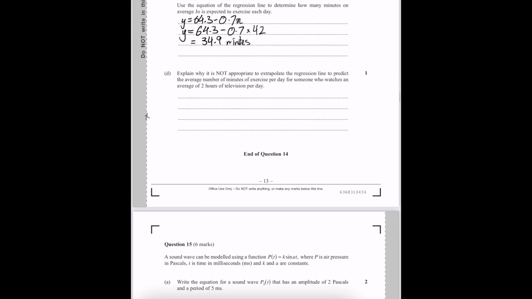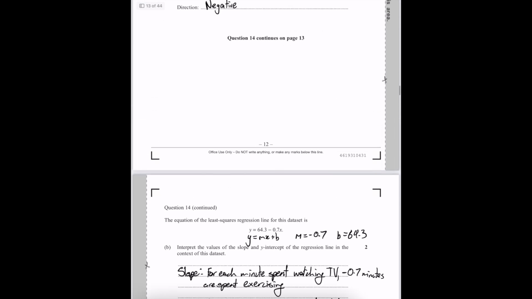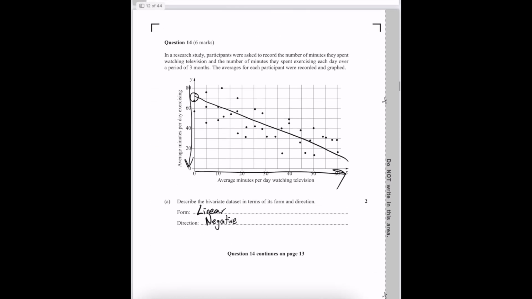Part D says, explain why it is not appropriate to extrapolate the regression line to predict the average number of minutes of exercise per day for someone who watches an average of 2 hours of television per day. So yeah, a lot of words in that question. Essentially, it's saying, if someone watches television for 2 hours, why can't we use this regression line? Or why is this data not appropriate?